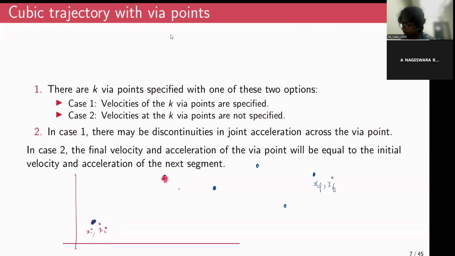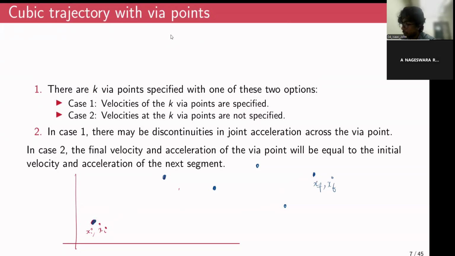And all these intermediate points are called via points. So essentially, you want your robot to pass through all these points and then reach the final position. If you plan a trajectory with just the initial and the final position, it will look something like this.